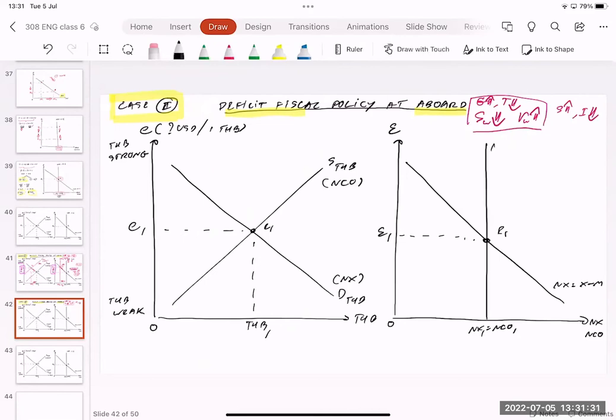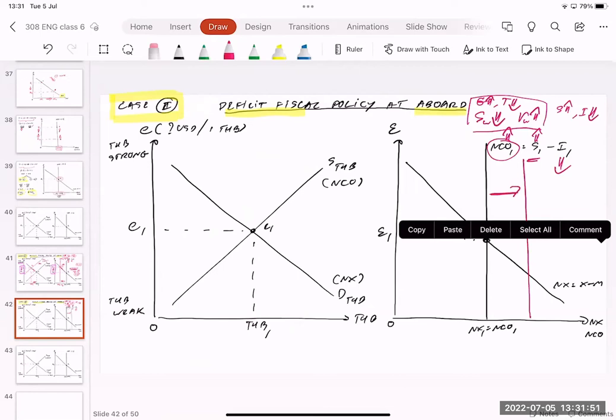Let's say we have NCO1 equals S1 minus I1. Saving increasing and investment decreasing is going to make NCO increase. If NCO increases, the NCO curve is going to shift to the right and become NCO2.